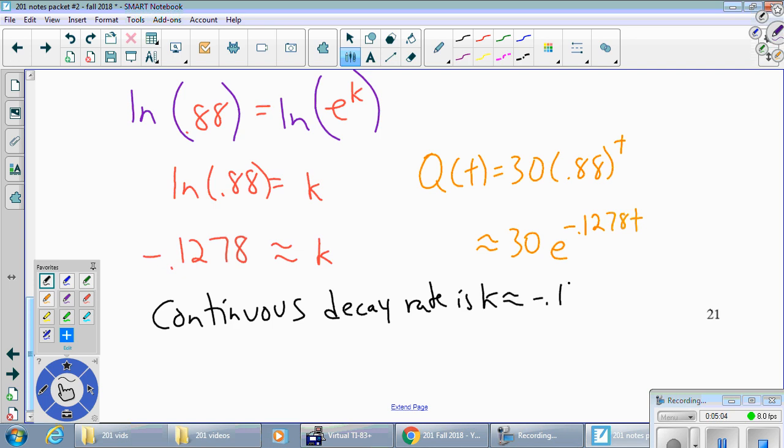So negative 0.1278 or negative 12.78%. So we knew that we were losing 12% a day, and that translates in a continuous way. Instead of thinking of taking 12% off once each day at the end of every 24 hours, it works out to be the equivalent of taking 12.78% off at a continuous rate, right? Little bits of that 12.78% coming off at every moment of the day.